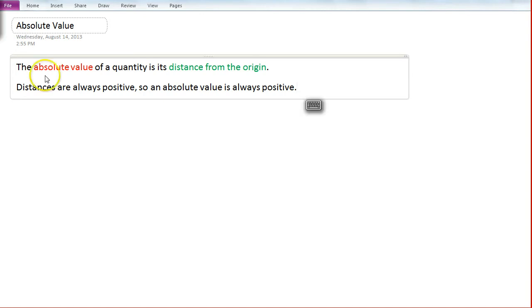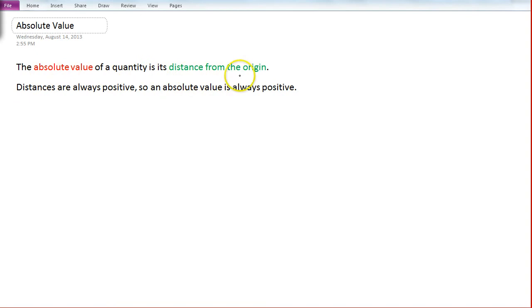The absolute value of a quantity is its distance from the origin. Distances are always positive, so an absolute value is always a positive quantity. The thing I like and dislike about this definition is that it's given in a graphical format. So it's hard to think about distance from the origin when you don't have a graph in front of you.